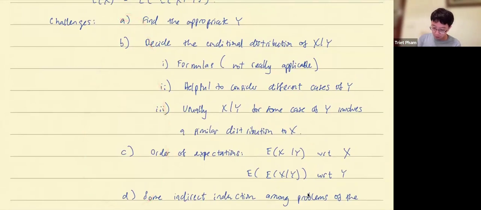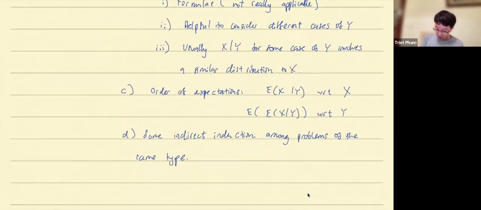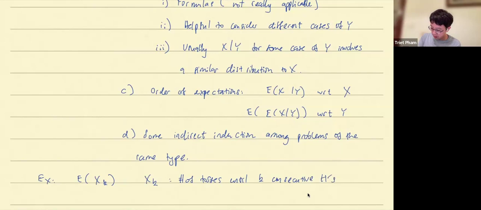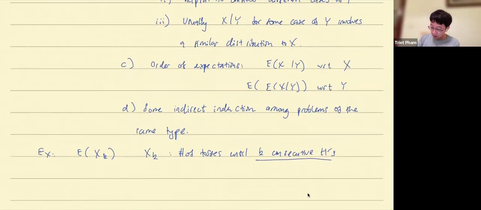So let's demonstrate these steps with the problems that we looked at last time, which is the family of problems to look for the expectation of x sub k, where x sub k represents the number of tosses until you get k consecutive heads, where the probability of head is p.